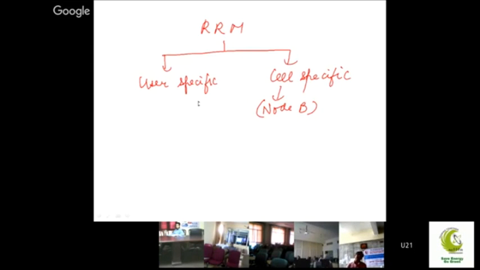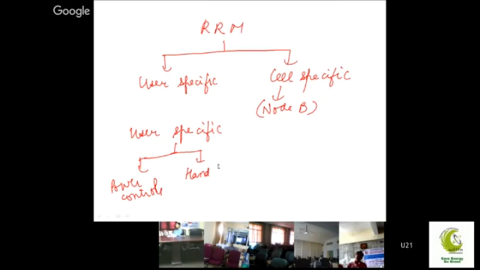So based on this, user specific is also of two types: power control and handover control.